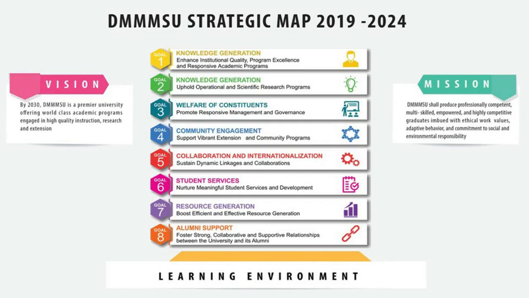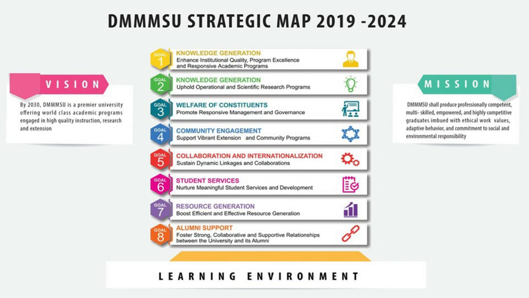The crafted university strategic plan serves as a blueprint of its basic annual operation along the major trifocal functions, namely instruction, research, and extension. This serves as the university's strategic map from 2019 to 2024.